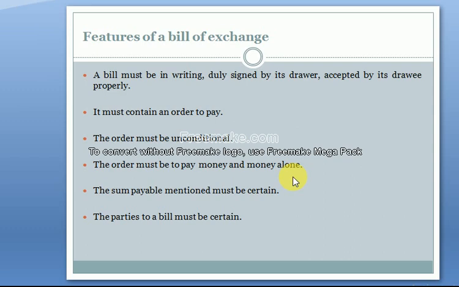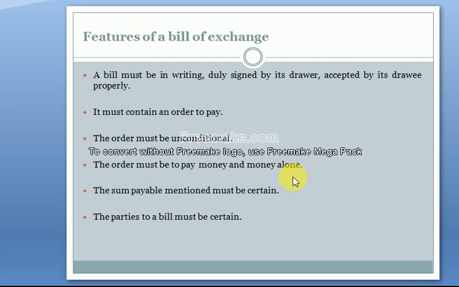Look, if we want to import some goods, we have the payments, but we want some surety. We want to minimize our risk. So we make a bill of exchange from our bank, directly in the contract with our exporters.